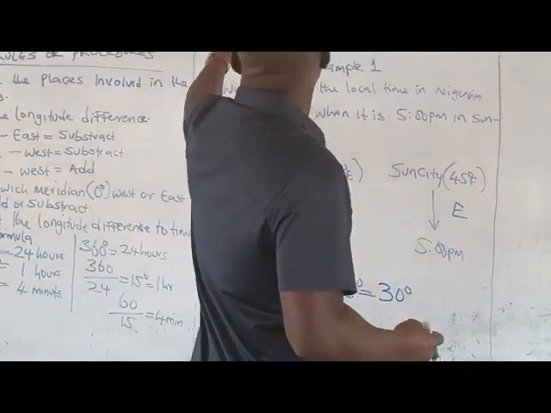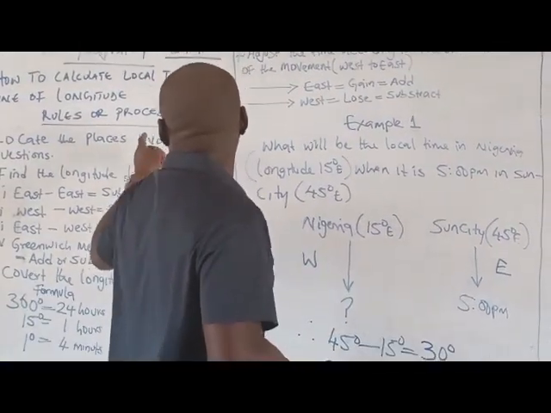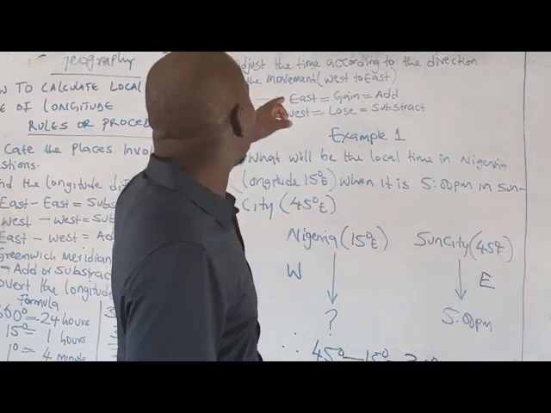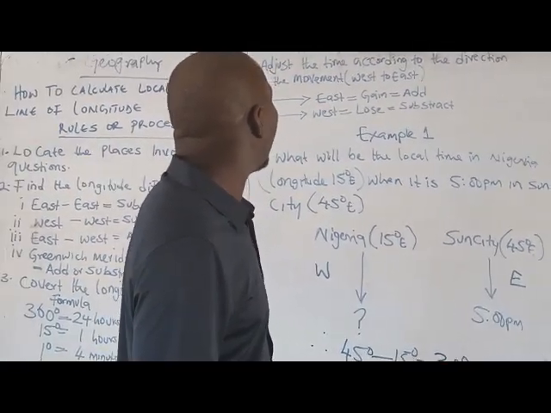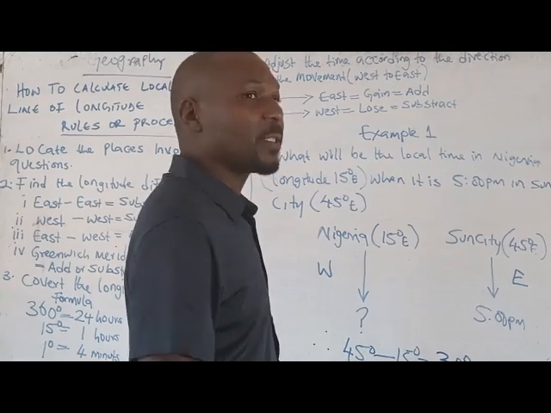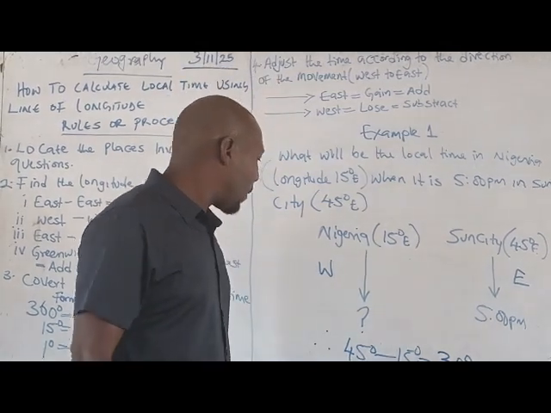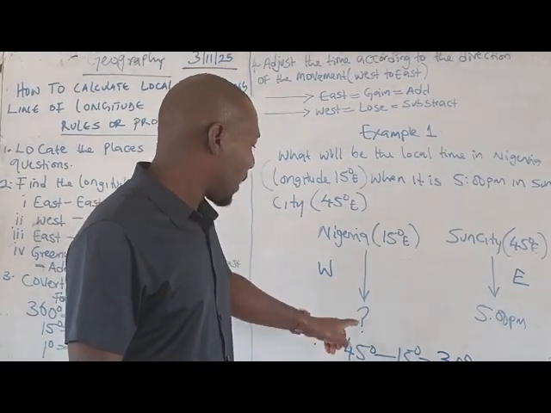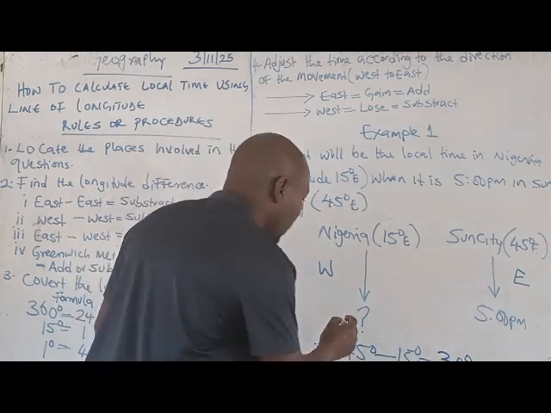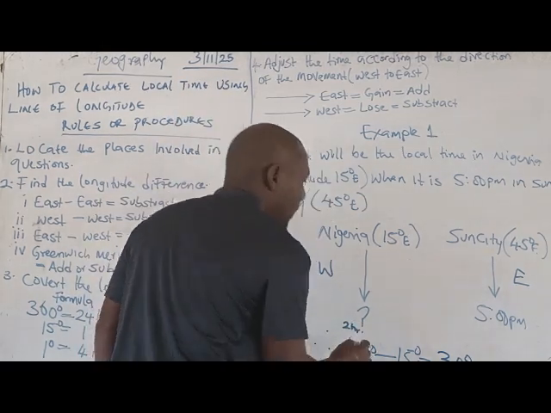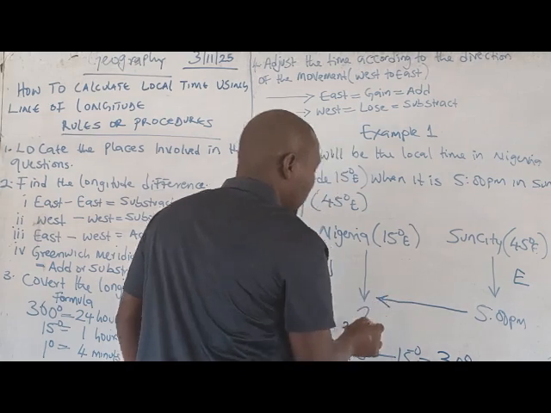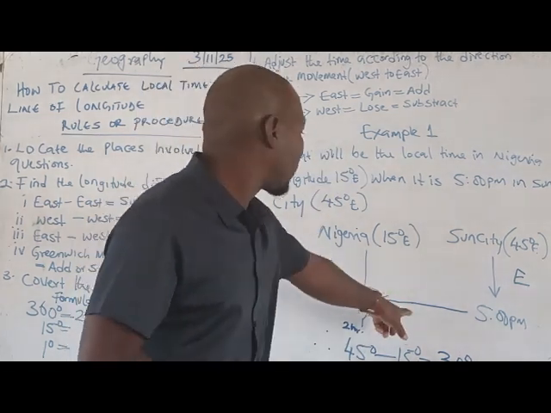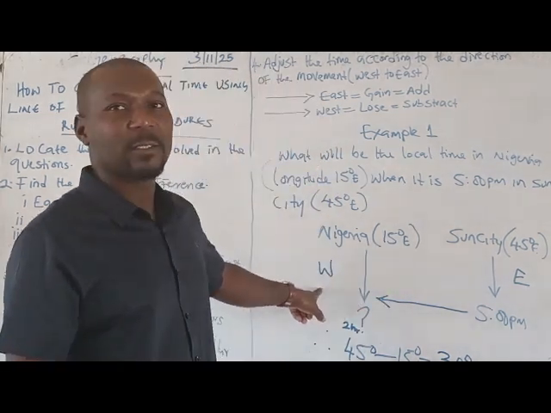Then, rule number 4, they say we have to adjust the time according to the direction of movement, either west or east. Now, what time are we looking for? We are looking for this time, and we have gotten 2 hours here, and we have to adjust the time. Our arrow is pointing to west.